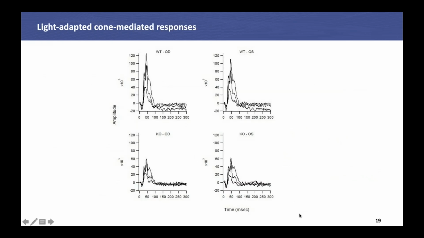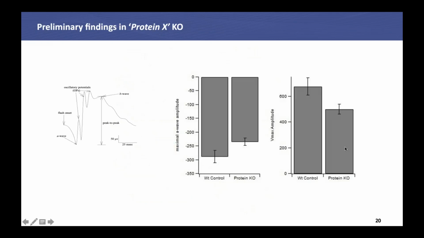These are examples of the light adapted cone ERGs from our standard series. Again, they're very symmetrical between eyes, and these are somewhat lower. This is a first pass at some of the results. I remind you again of what the waveform looks like. Here we're looking at, sort of upside down, the maximal A wave response. This is the photoresponse.